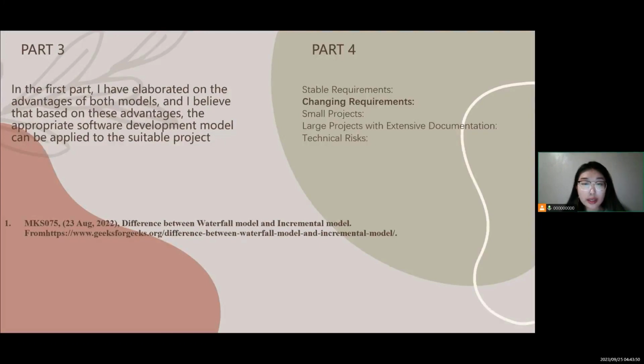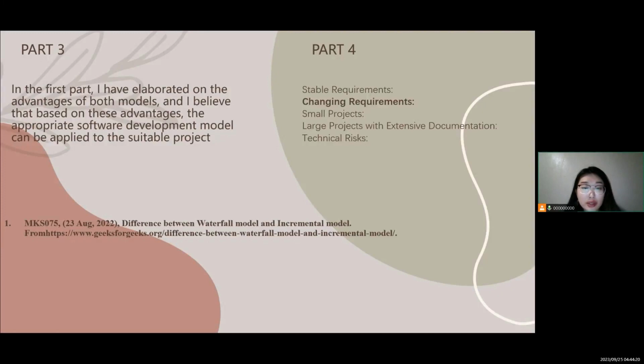First, we can broadly categorize the scenarios into the following categories. The first is stable requirements, where requirements are well defined from the beginning and are unlikely to change significantly during development. The waterfall model is more appropriate.